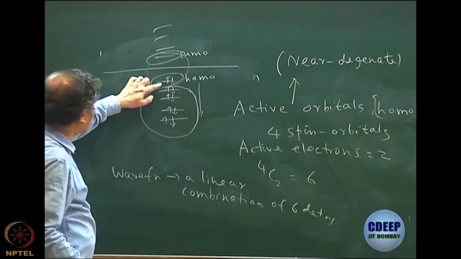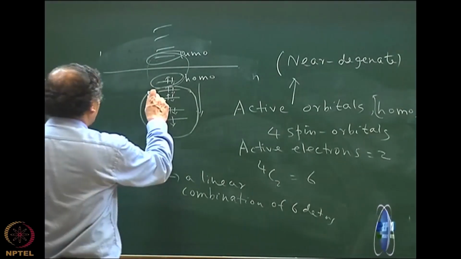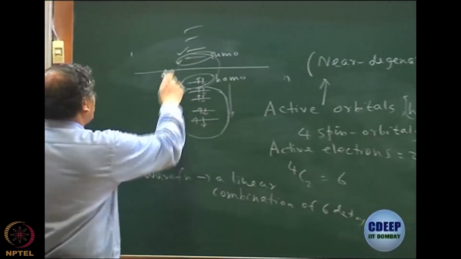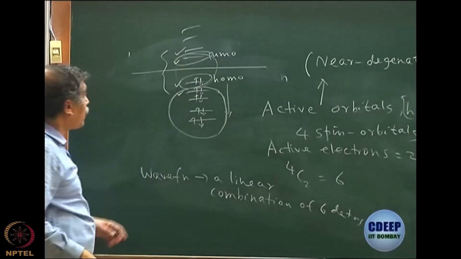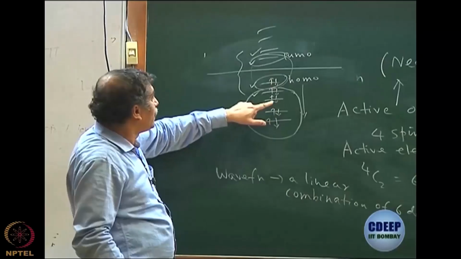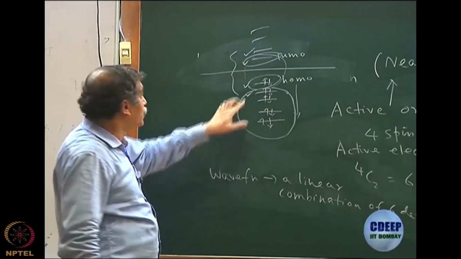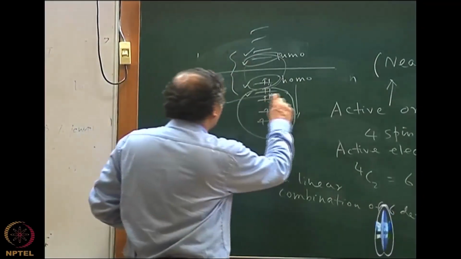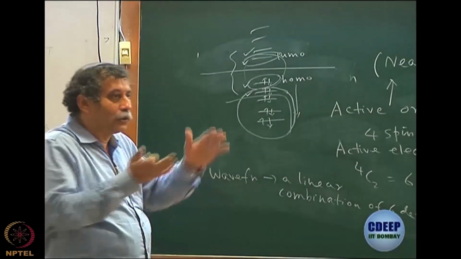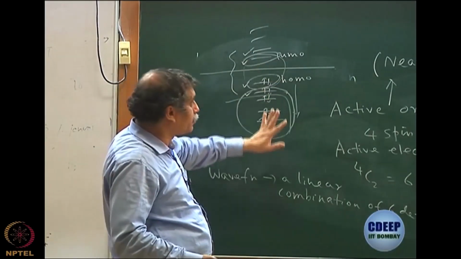I can also say that HOMO minus 1 is also very close. Then what will happen? I will have this, and maybe one more. These 4 are very, very close in energy. Then I have to choose these 4 orbitals, which means 8 spin orbitals, and I have to choose 4 electrons as active, because this will also be lifted. These 6 will then be frozen. So you have to decide for the problem, looking at the orbital energies, how many active orbitals you have to choose.